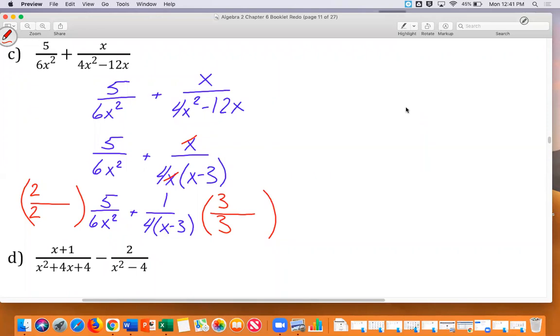Now, x squared. Notice on the left, we have an x squared. On the right, there is none. So I'm going to have to multiply this piece on the right because it's missing the x squared. On the left, well, I have the x squared, but I'm missing this x minus 3.